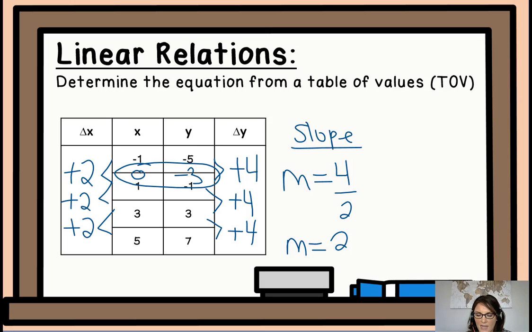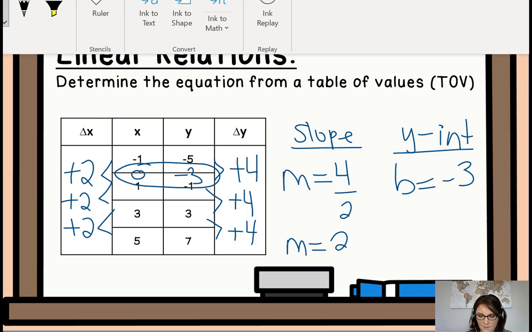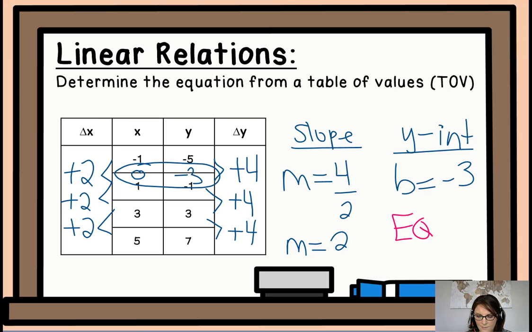So the y-intercept is negative 3. And putting it all together into our equation, y equals 2x minus 3. And that's it. Great job.